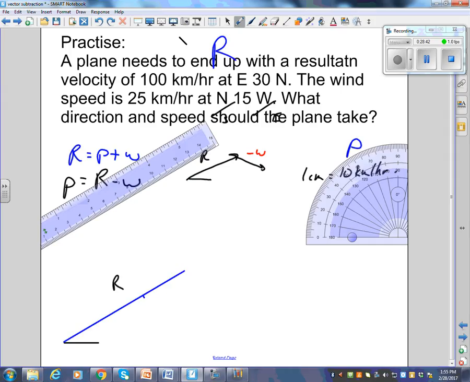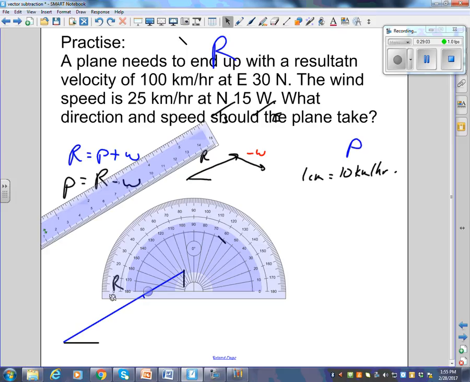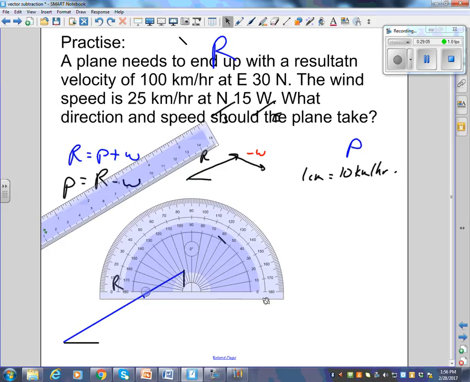Then I'm going to go the minus W. Then I'm going to go north 15 west, right? No, because it's minus. So I'm not going to go north 15 west. I'm going to go south 15 east. So do a reference line. South. So put 0 at south.